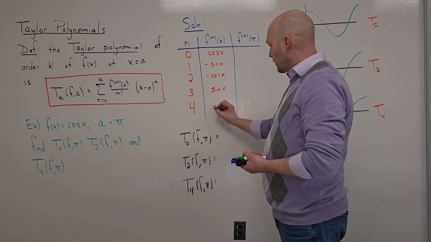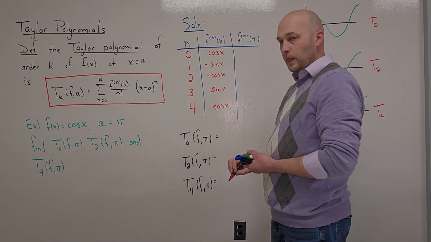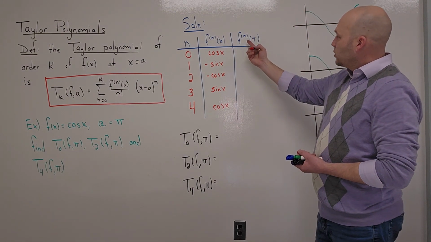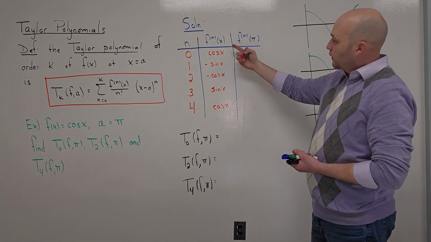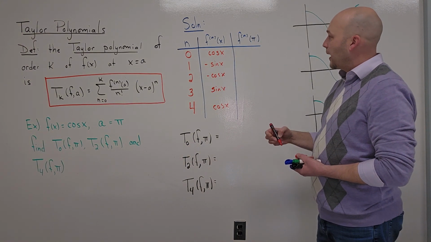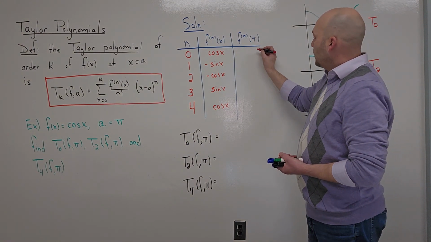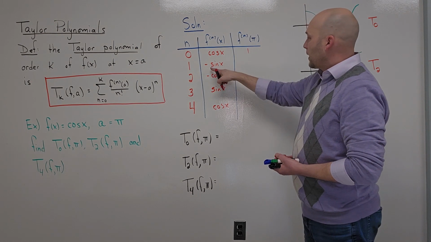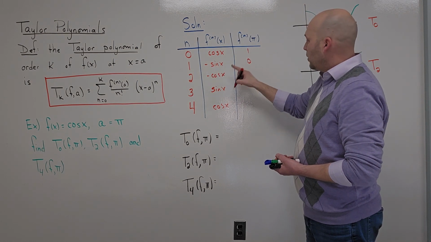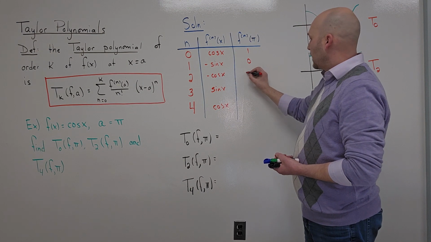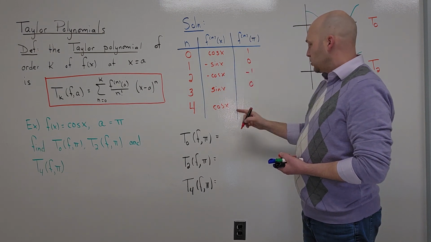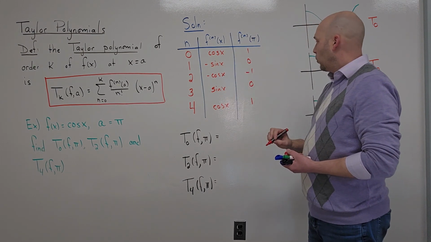Derivative of sine would be back to cosine. Then I'm going to evaluate these functions at pi. Cosine of pi would be 1, negative sine of pi would be 0, negative cosine of pi would be negative 1, sine of pi is 0, cosine of pi is 1.